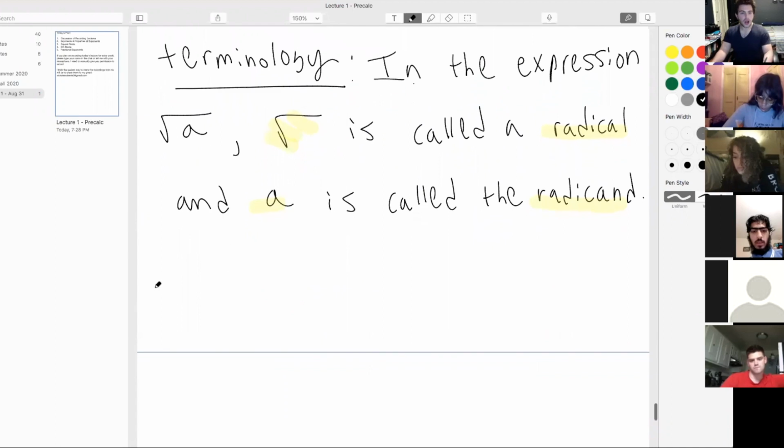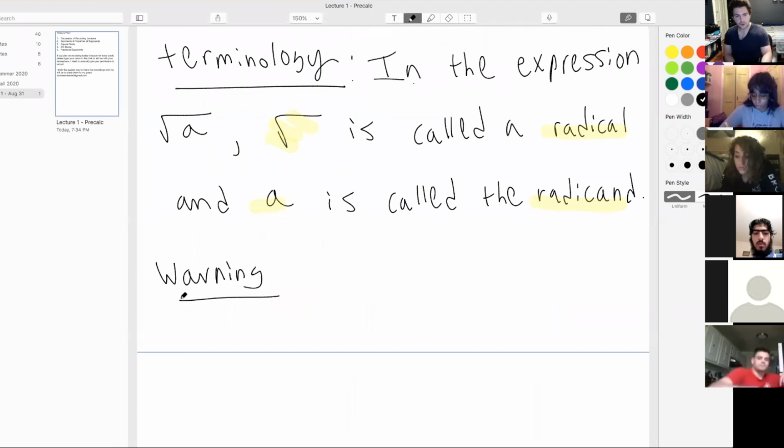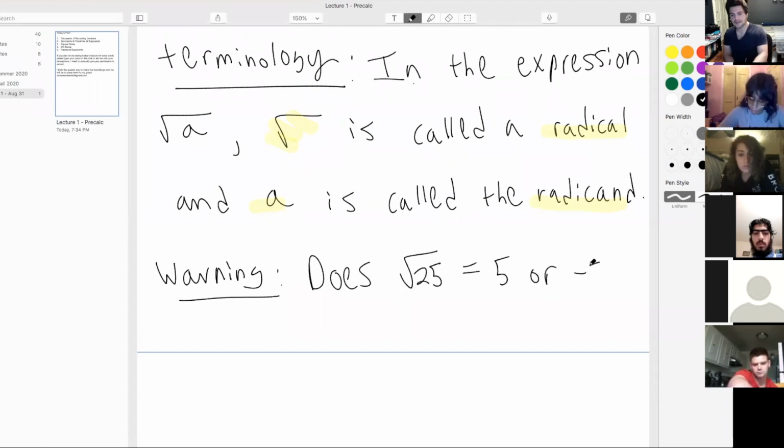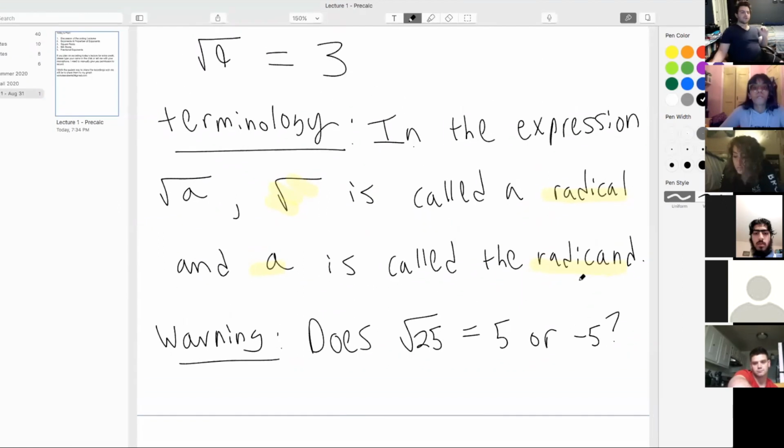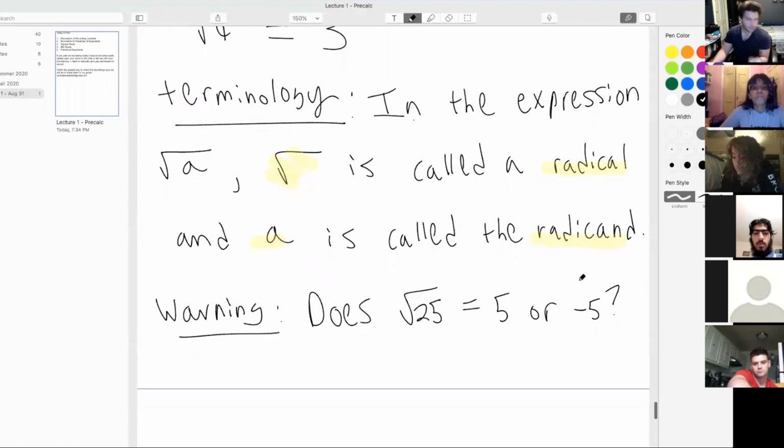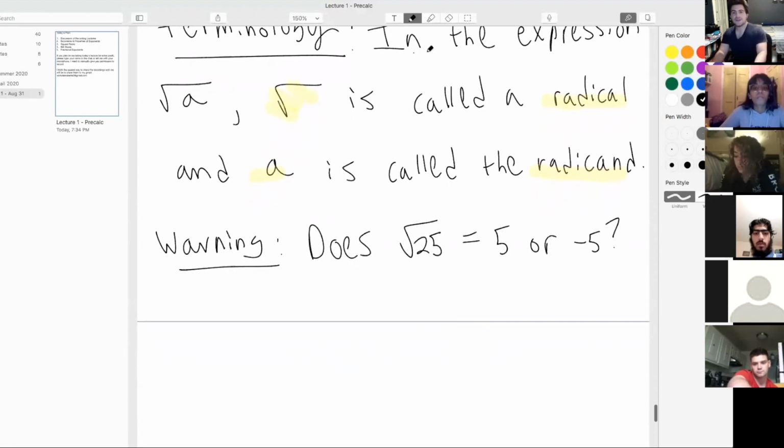All right, before we go on to some examples, let me do a quick warning. Does the square root of 25 equal 5 or negative 5? We need to be very careful here. The answer is it's 5.